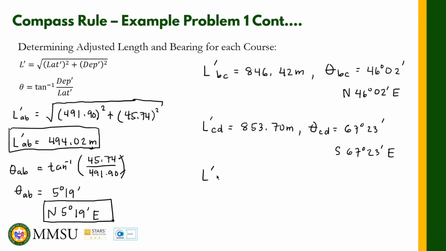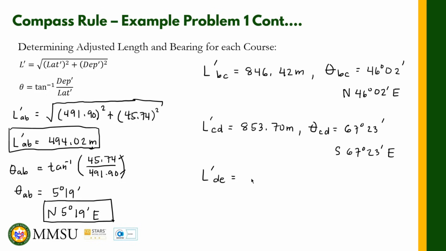For the length of DE, okay, meron tayong negative 1000.42 for the latitude and positive 215.82 for the departure.